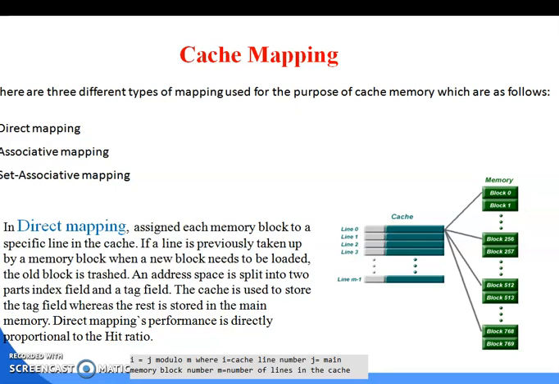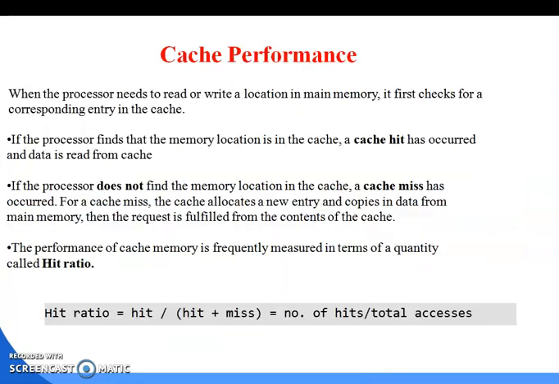If a line is previously taken up by a memory block when a new block needs to be loaded, the old block is trashed. An address space is split into two parts: index field and tag field. The cache is used to store the tag field, whereas the rest is stored in the main memory. So direct mapping's performance is directly proportional to the hit ratio.